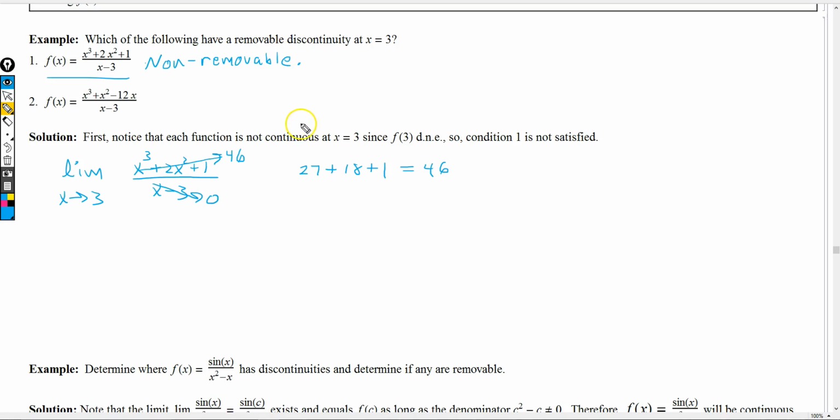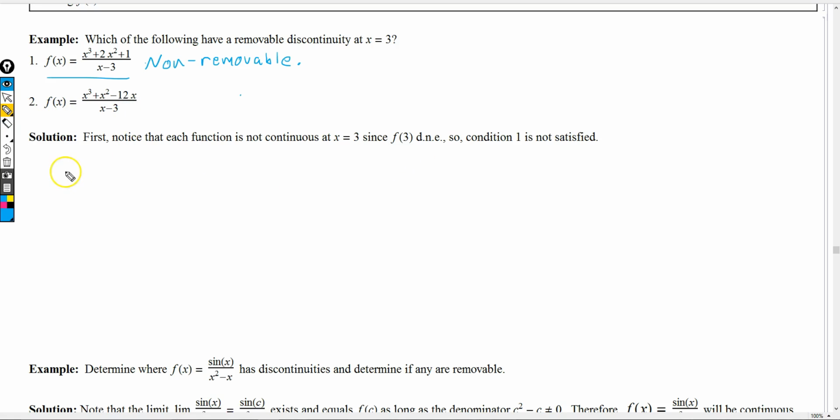All right. Let's take a look at number 2. For the second function, notice that this is definitely not continuous because f of 3 is undefined. If I put 3 in here for x, I get 0 in the denominator. But let's take a look at the limit of this function.